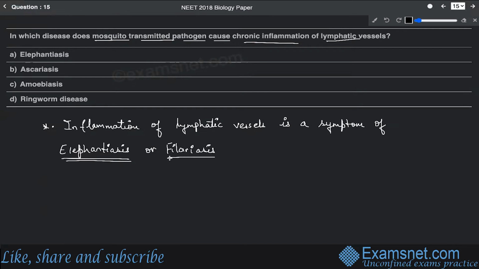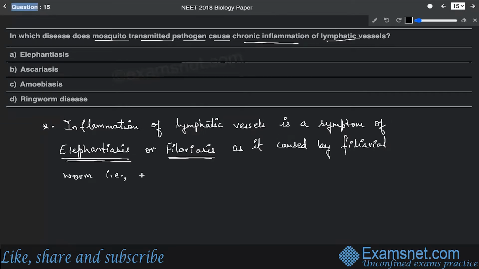Since it is caused by filarial worm, that's why it's called filariasis.